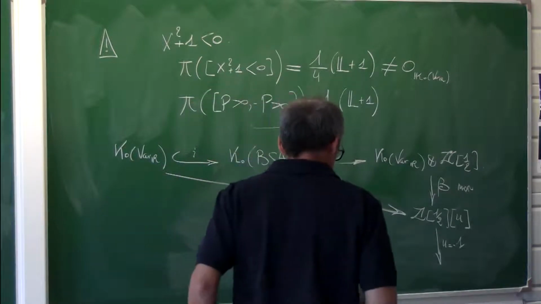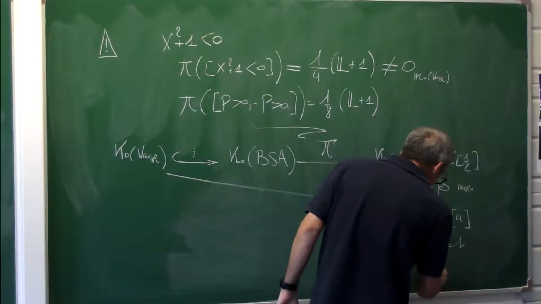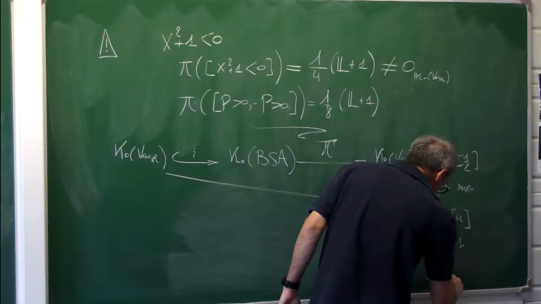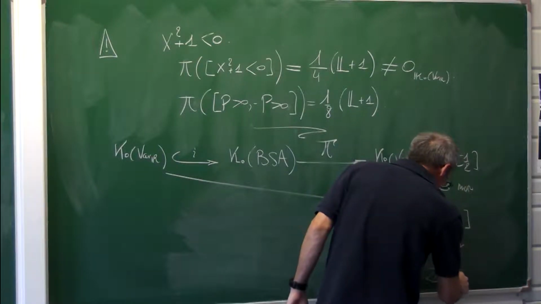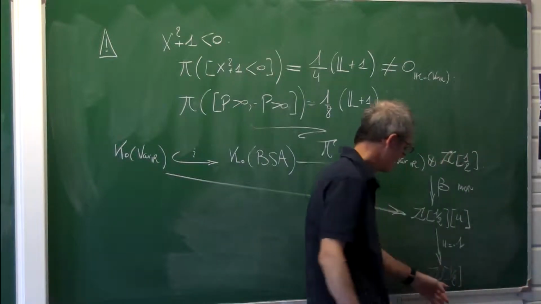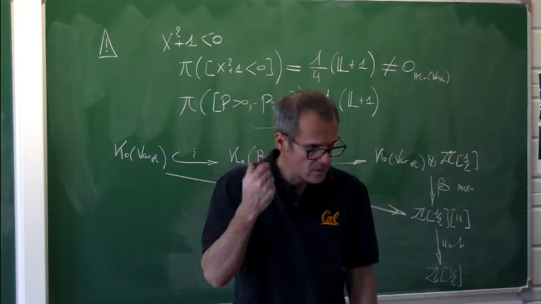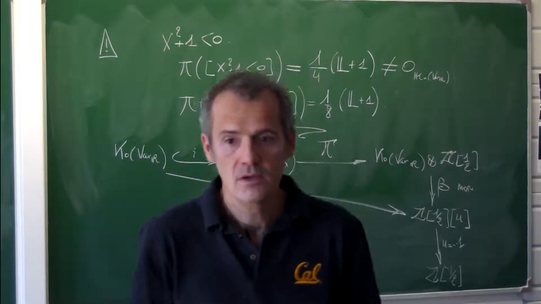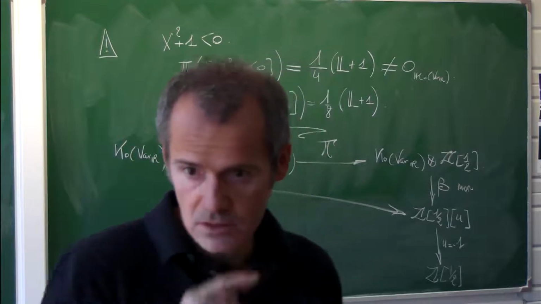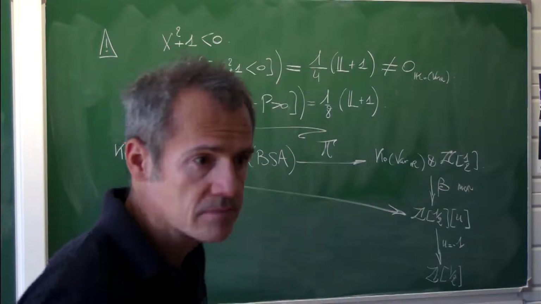If we do that, it seems that we obtain some combinations of powers of 1/2, combinations with integer coefficients. Okay.